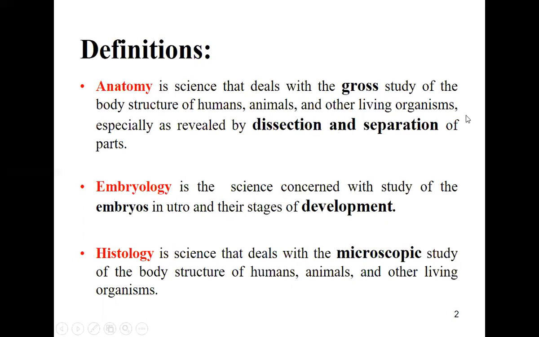So when we dissect and separate, how exactly it looks like. That study of the human body structures, different structures like the heart, like the lungs, like the eyeballs, like the tongue, each and every structure in the body, when we study it in detail, that is called anatomy.